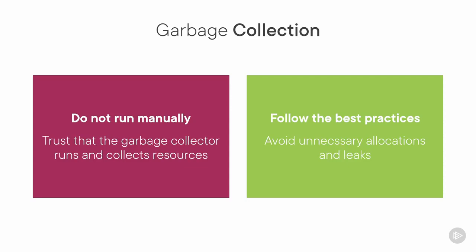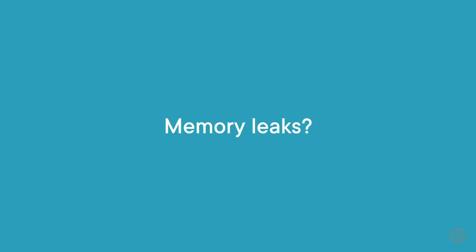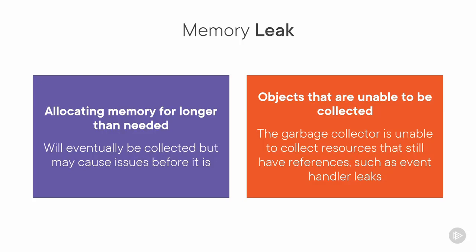determines that it's necessary. We can still run into situations where we'd get what looks like a memory leak. The term memory leak in .NET can be a little bit ambiguous. What I mean is that we have allocated memory that will eventually be collected by the garbage collector, but is living in memory longer than it should.